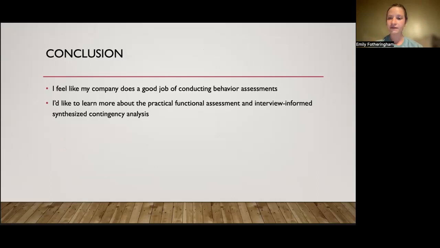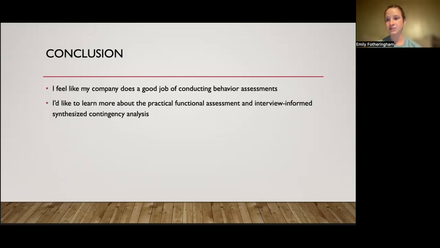In conclusion, I feel like my company does a good job of conducting behavior assessments. The process through and through for each behavior takes about a month, and I have been lucky enough to help out on 2 latency FAs, 1 practical functional assessment, and 1 traditional FA.